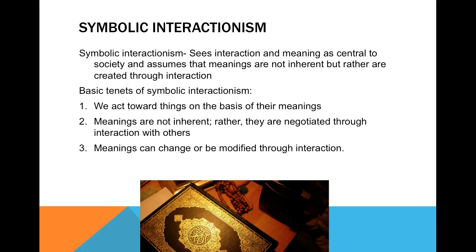The basic tenets of symbolic interactionism are: number one, we act toward things on the basis of their meanings. So I'm going to tell you a little story, a fake story actually, just to try to illustrate symbolic interactionism. Say I go to a yard sale, and there's a little bin with a bunch of books in it, maybe 4 or 5 books.